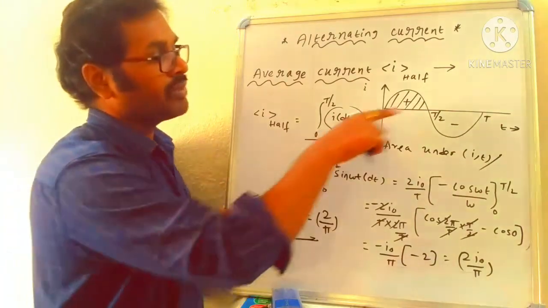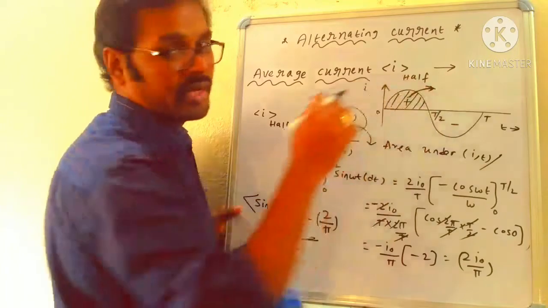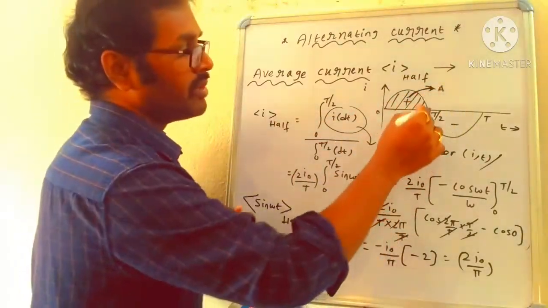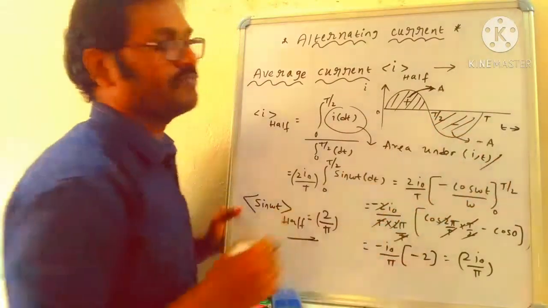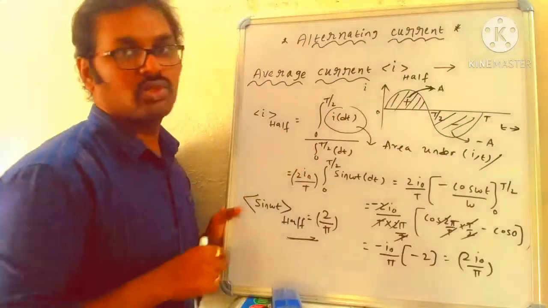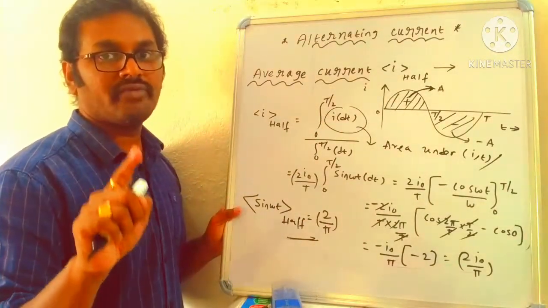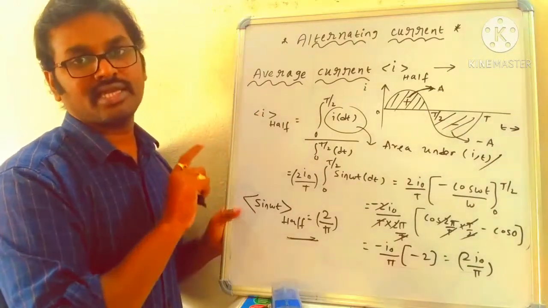If you see the complete cycle, let the area covered by the positive cycle be taken as A. The same area is covered by the negative cycle also, and it is taken as minus A. When you add these two, you get plus A minus A. The net effective area for the complete cycle is how much? 0.